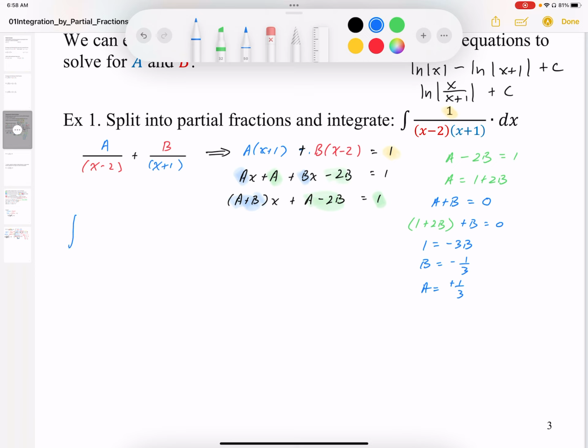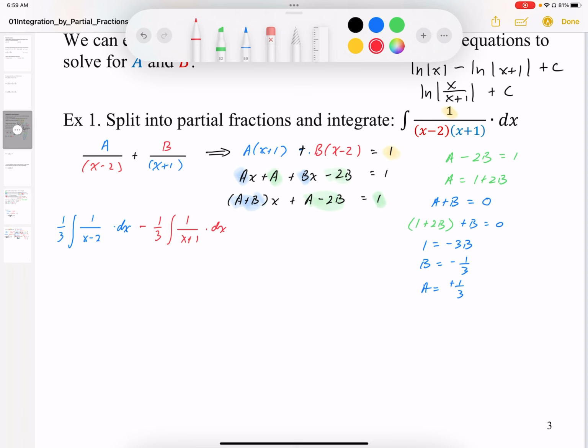So now I can write my partial fractions using the a coefficient. I'm going to get an integral of 1/3 times 1 over x minus 2 dx. With the b coefficient, I'm going to end up with a minus 1/3 with the integral of 1 over x plus 1 dx.